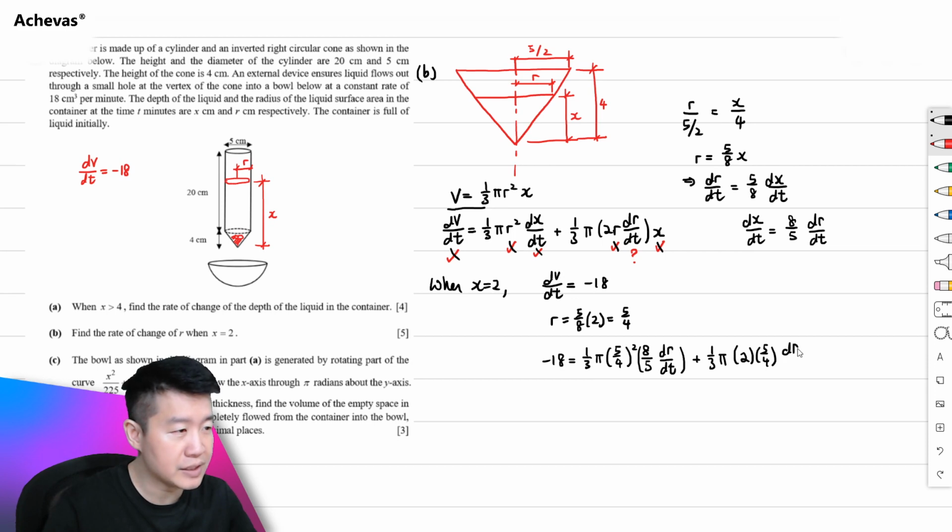Then we have a dr/dt multiplied by x, which is 2. Now I have an equation that is in terms of just dr/dt. If I do a quick simplification, I have 5/2 pi of dr/dt. This is minus 18. This will help me to solve for dr/dt, and this is equal to negative 36/5 pi.